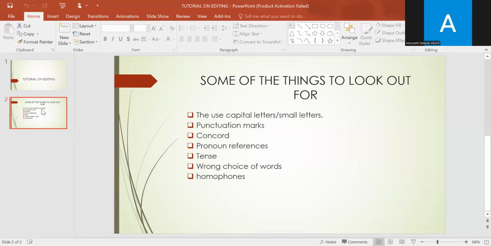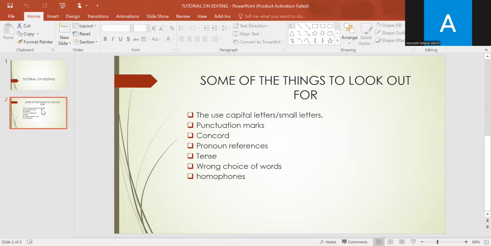Then the paragraph contains errors. Errors could be on concord, that is subject verb agreement. It could be on punctuation marks, that is whether the punctuation is there in the first place, whether it is in an appropriate place.